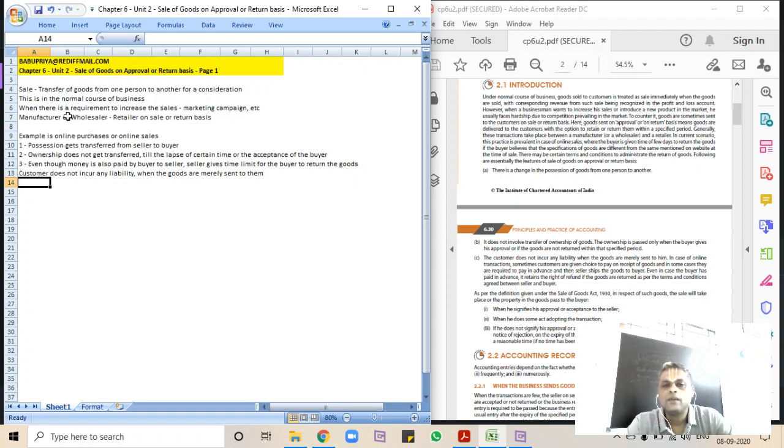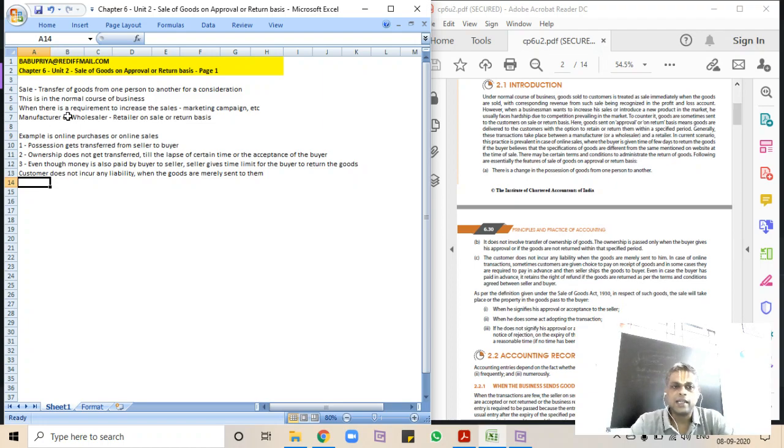For example, when the seller is sending 10 kilograms of rice to the buyer and the buyer has not given his approval, but uses that rice to cook food for his home, obviously then it is deemed acceptance, right? If he does not signify his approval or acceptance to the seller, but retains the goods without giving any notice of rejection within a reasonable time, or uses the goods for any purpose, then it is called deemed acceptance as per the Sale of Goods Act also, right? So that is what we are seeing here.